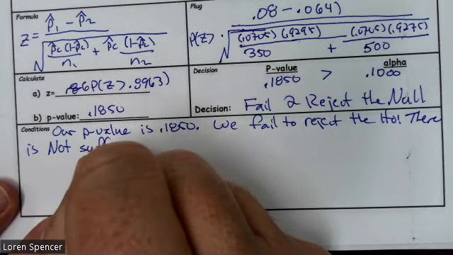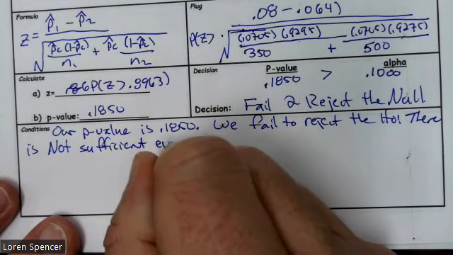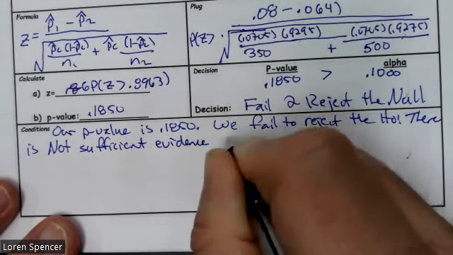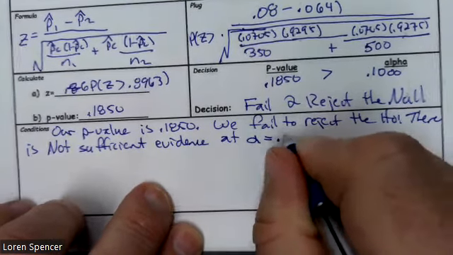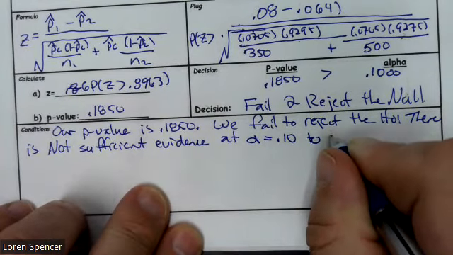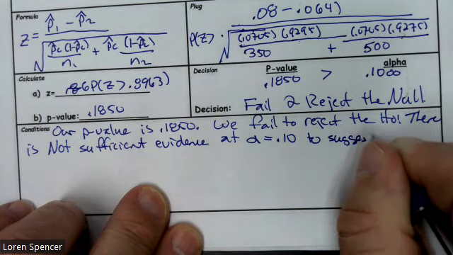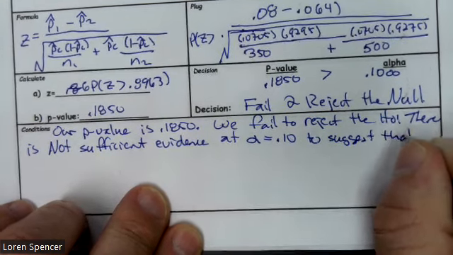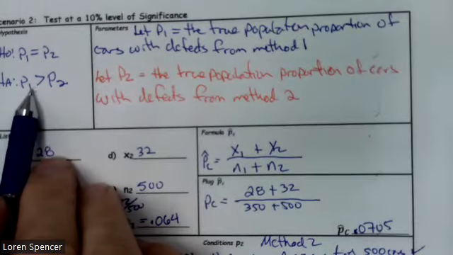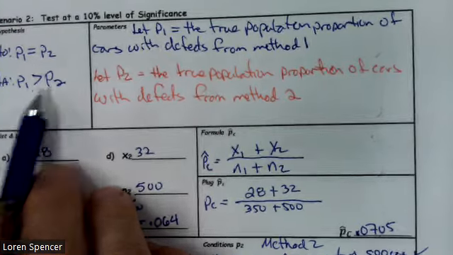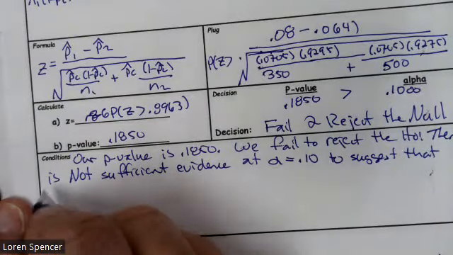There's not sufficient evidence at alpha equals 0.10 to suggest that method 1 has more defects than method 2.